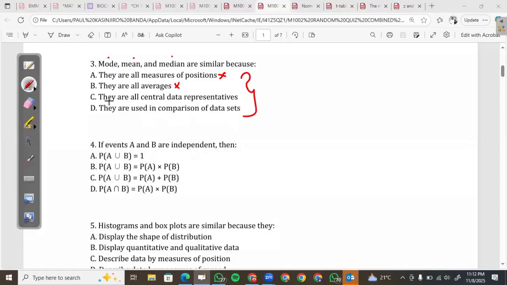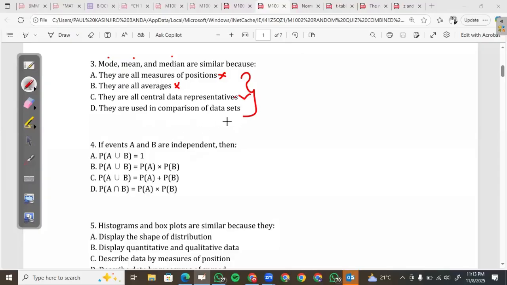And then they are all central data representative. This is true because remember, the mean, the mode, and the median are measures of central tendency, meaning they represent a typical value in a data set. So this one is true. What about D? They are used in comparison of data sets.